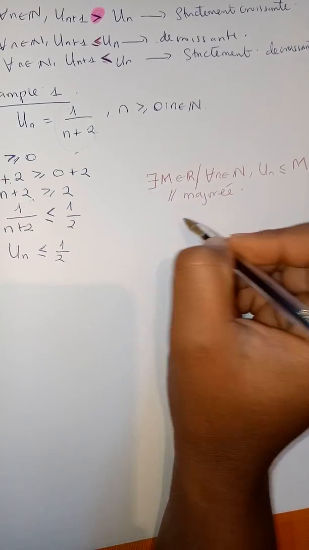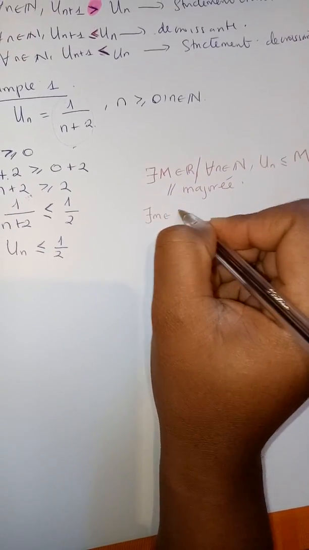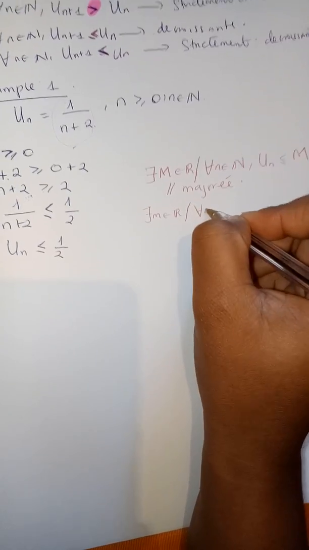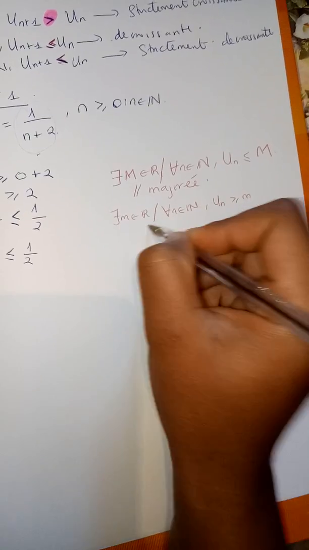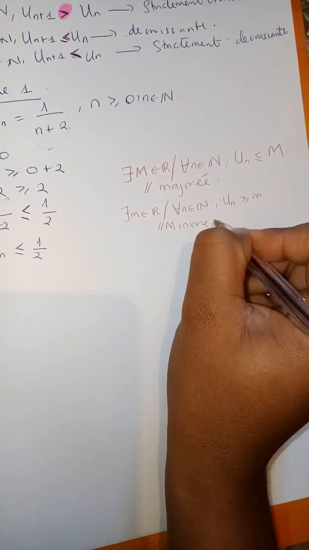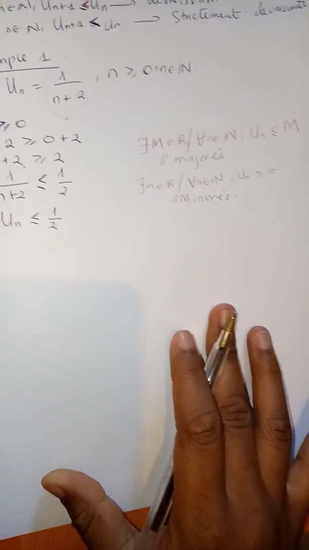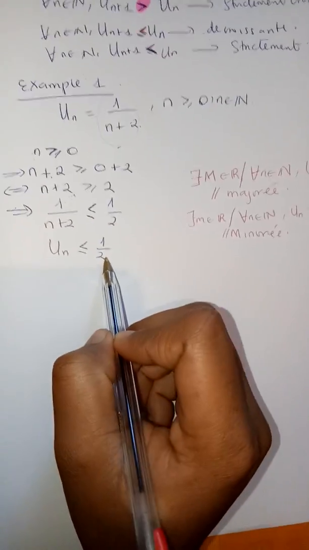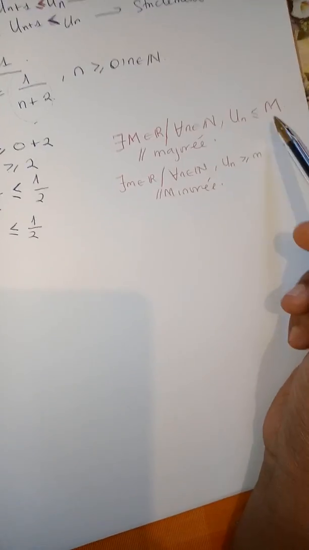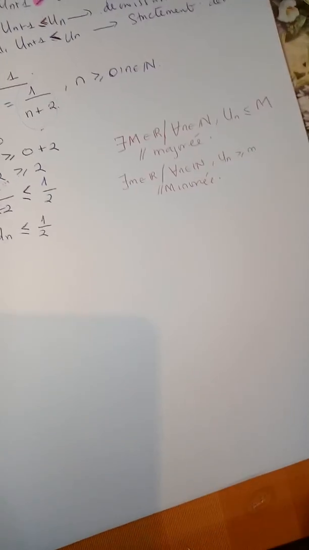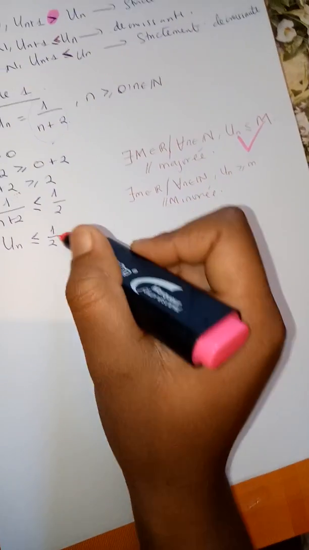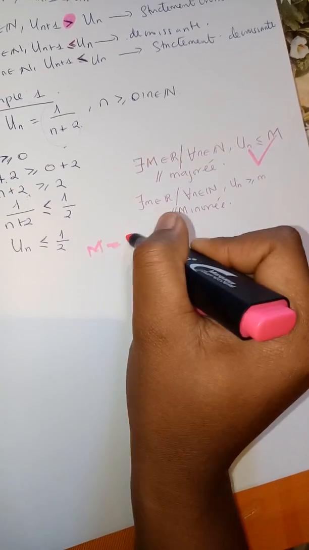When it is minorée, we say il existe un petit m appartient à R tel que pour tout n appartient à N, un is superior or equal à petit m. This is when we say it is minorée. Now what have we observed? We've seen that un est inférieur ou égal à un demi. Which of these two definitions apply to this case? We've seen that it is this first one, meaning M is equal to un demi.